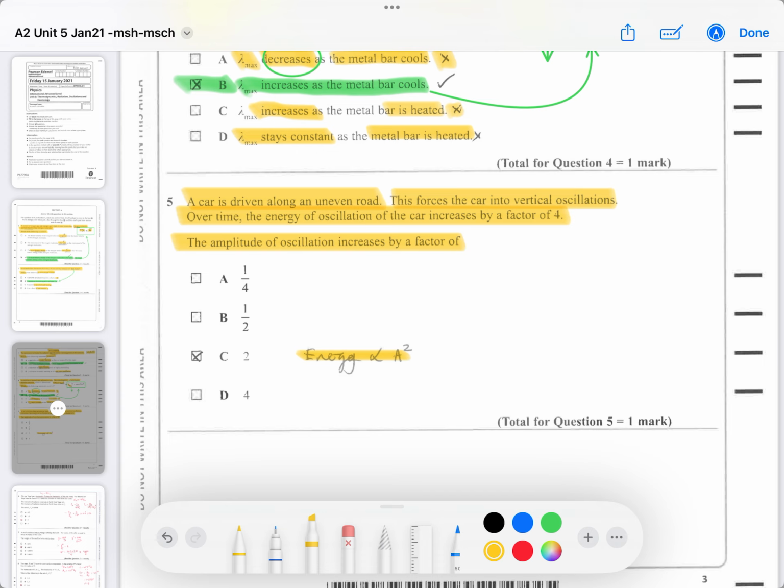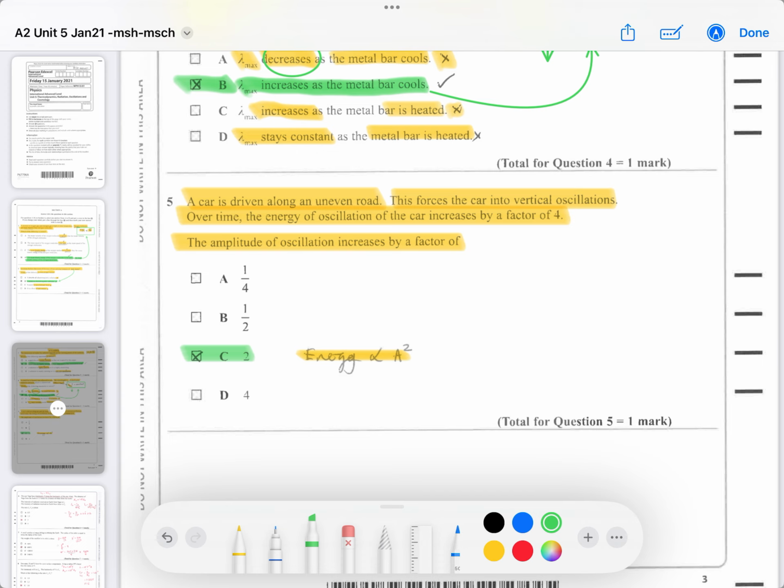Okay, and you need to go and find out which equation explains this to you best, and I'm going to let you do that. If you look at the equations at the back, which equation would you use to prove that this is the correct answer? I'm giving you this fact that energy is proportional to the amplitude squared. Now go and look at the velocity equations and think, when is that going to be the biggest?